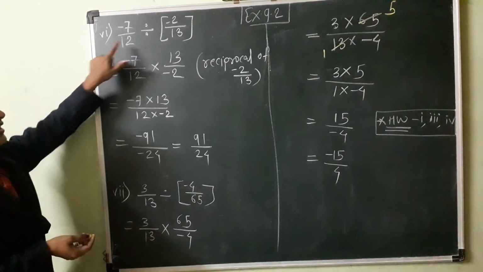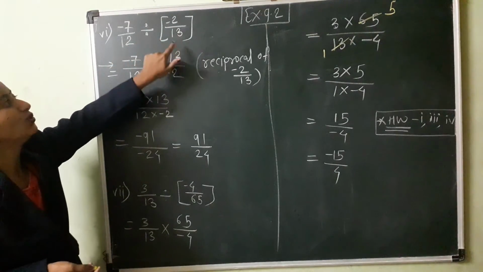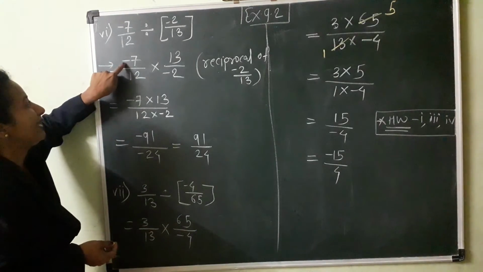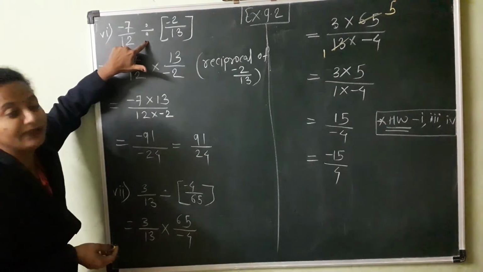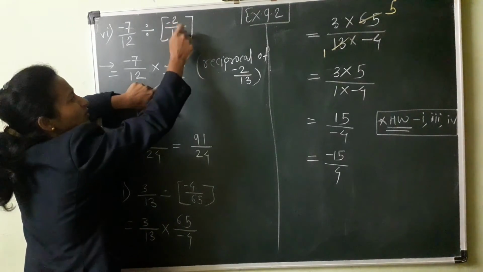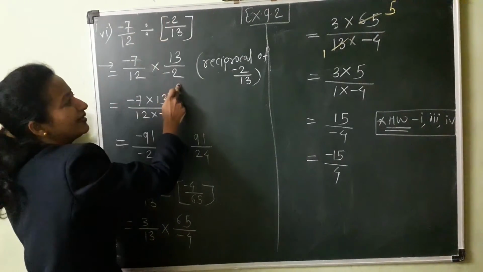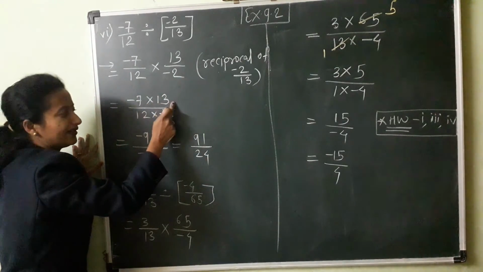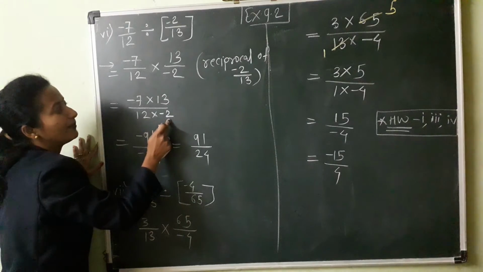Minus 7 upon 12 divided by, in brackets, minus 2 upon 13. Here write down the first rational number as it is, that is minus 7 upon 12. Instead of the division sign, you have to put the multiplication sign and use the reciprocal of minus 2 upon 13, which is 13 upon minus 2. Then multiply minus 7 by 13 upon 12 multiplied by minus 2.